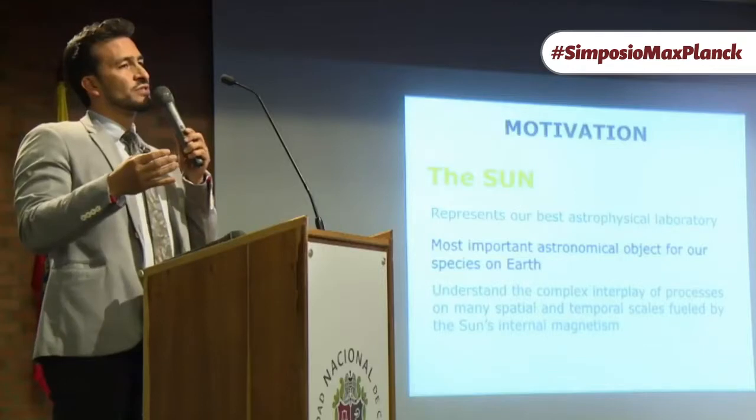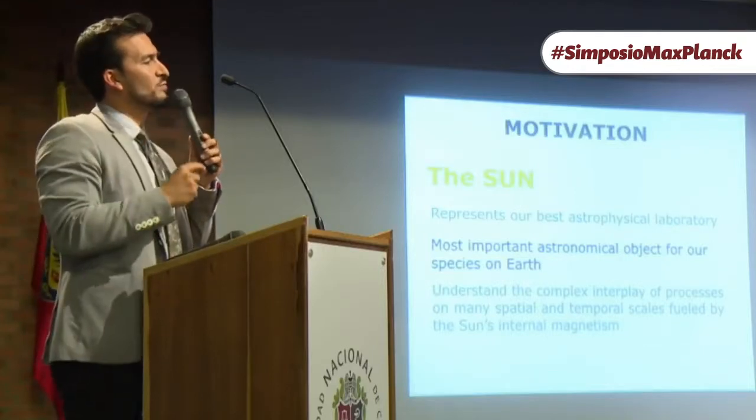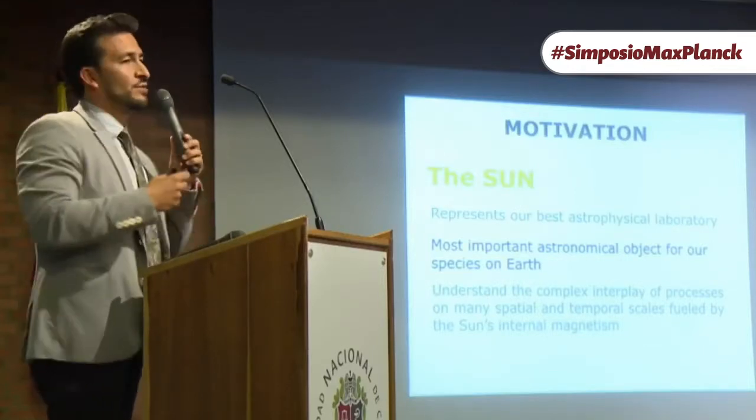The motivation of this work is, first, that the sun represents our best astrophysical laboratory. In the sun, you can probe physical processes from the inner part of the sun to the solar atmosphere, and those processes are also important for other branches of physics, like reconnection and plasmas.